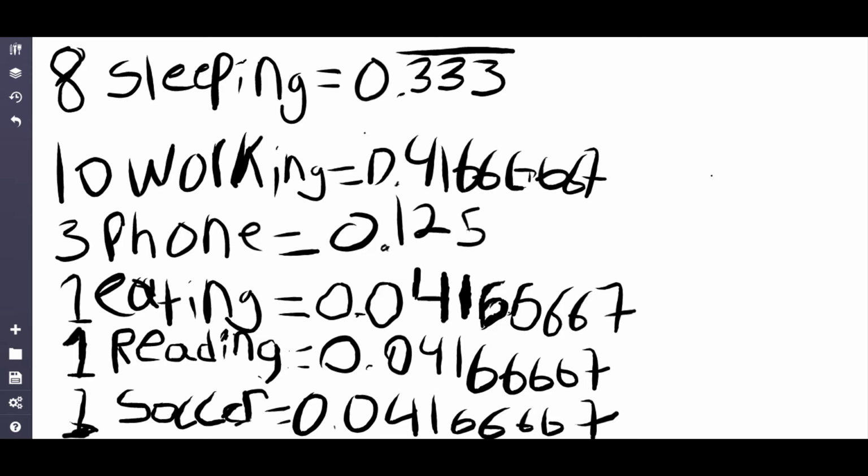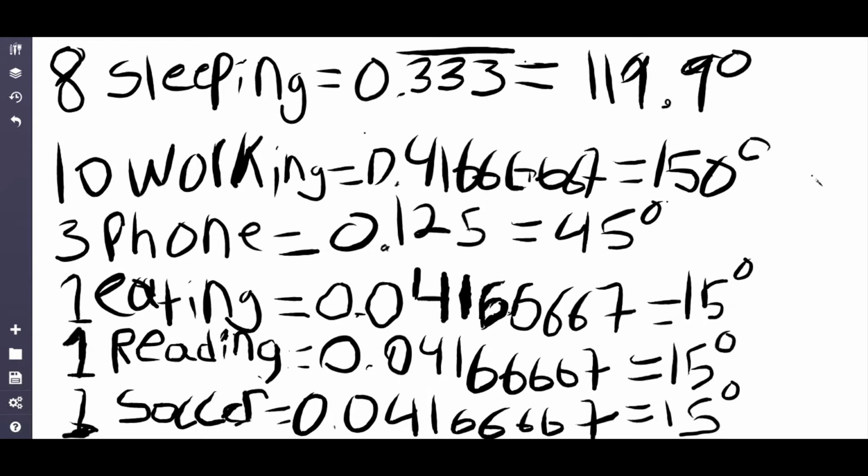So each of these as an angle are 119.9, 150, 45, 15, 15, 15. Now that you have all of these numbers, they'll all equal about 360. There'll be little decimals there, which would be quite long to write and aren't too important.